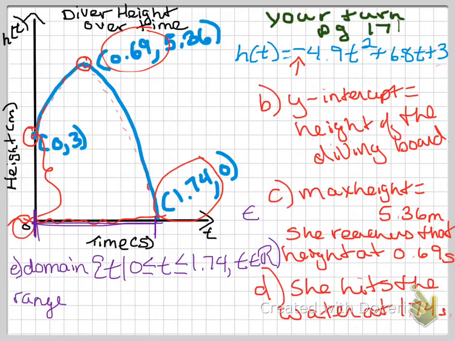In this case we look at the whole range of the graph, and we know that because she connects with the water at 0, and the maximum height that she reached at our vertex was 5.36.